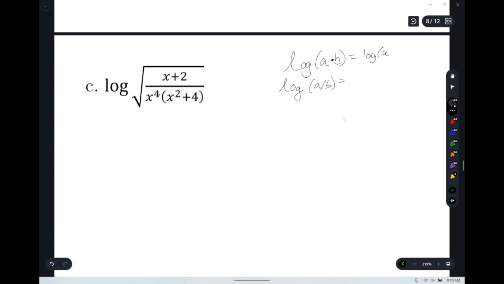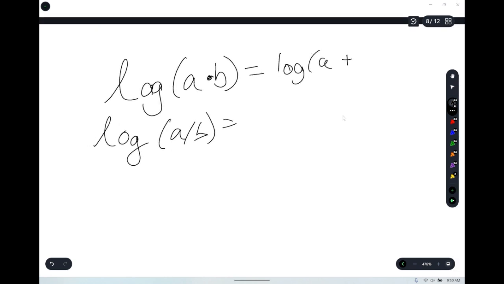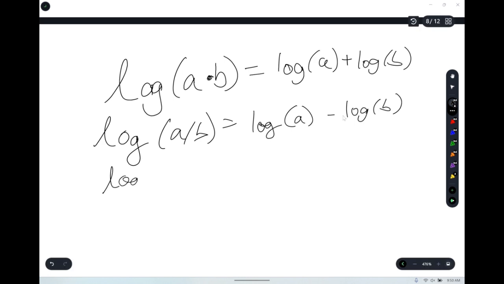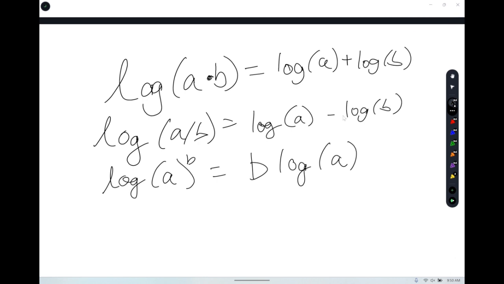Log of A plus log B. And log of A divided by B turns into log of A minus log B. And it's the same inverse flip. And then log of A to the B turns into B log A, where that B goes out front. Those are the only 3 rules for this entire type of problem.